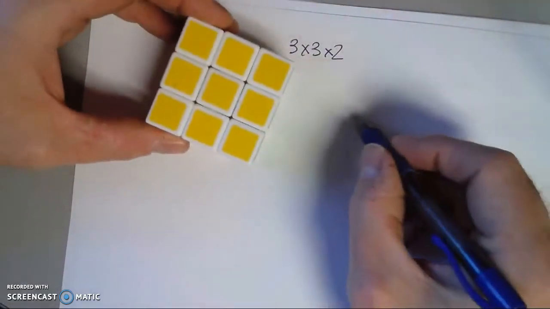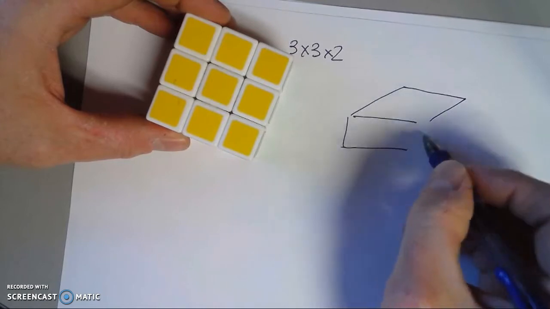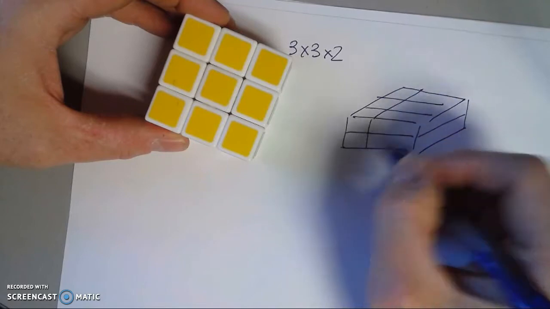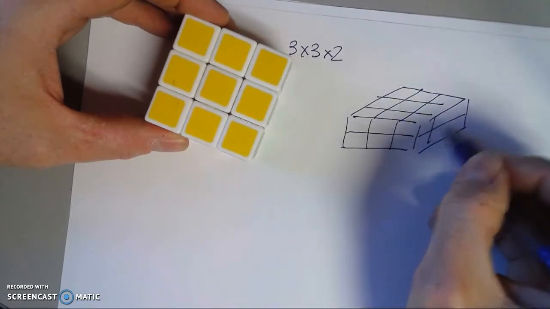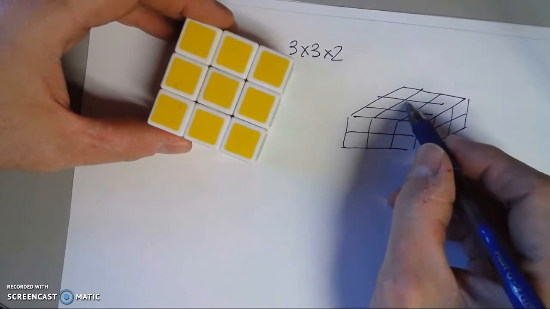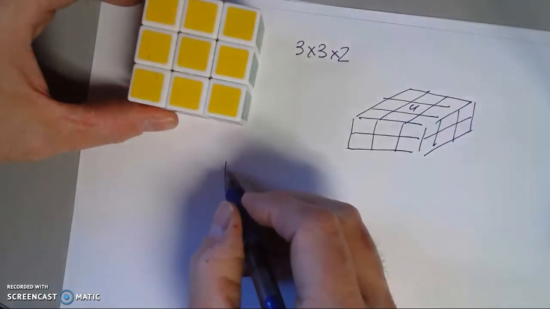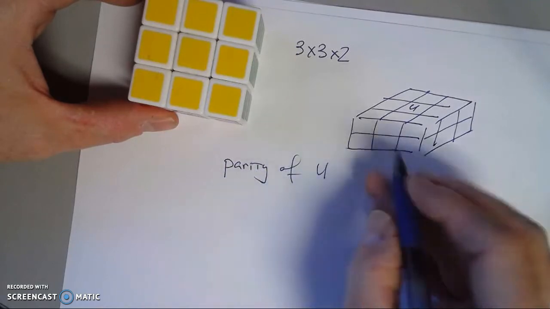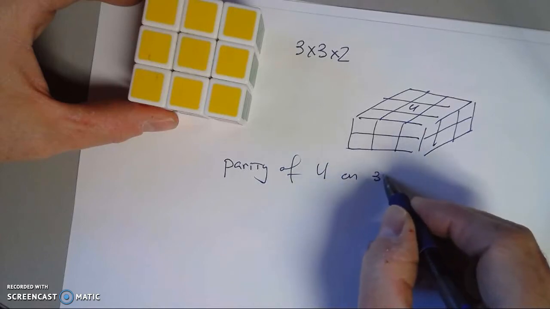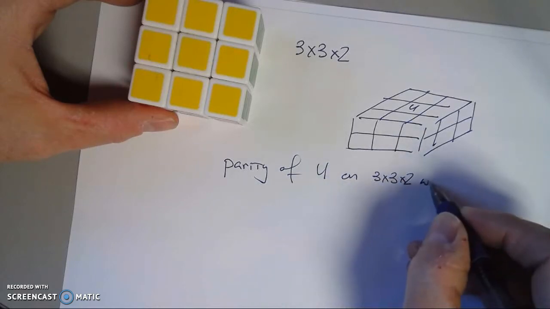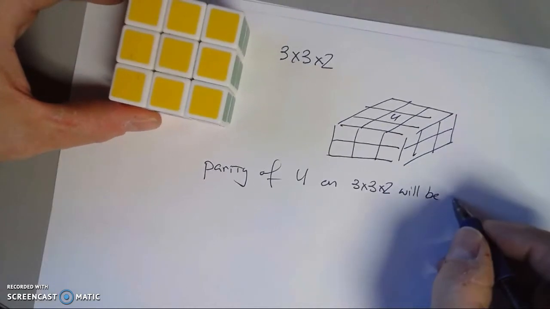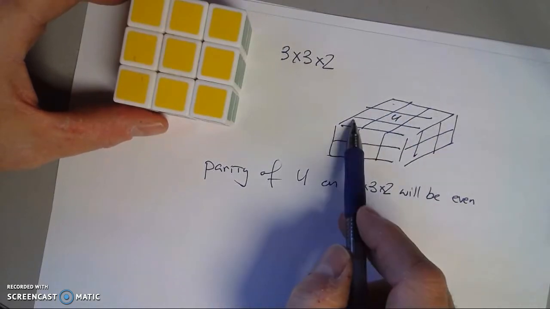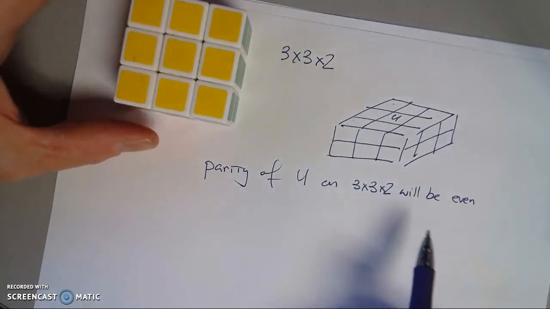So if we look at the parity on this puzzle, if I look at, say, the up face, the parity of U on the 3 by 3 by 2 will be even, just like the ordinary cube, because there are 4 corners, the 4 cycle, 4 edges, the 4 cycle.